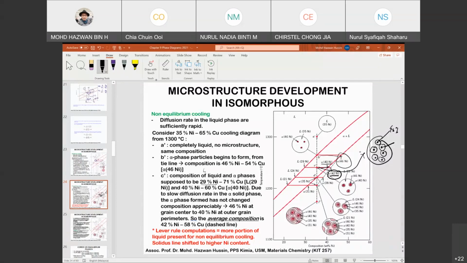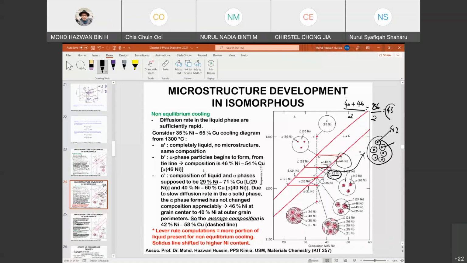So the average will be alpha equal to 40 over here, plus the previous one was 46, and you divide by 2. Over here you will get around 86. If you divide 86 by 2, you will get 43.